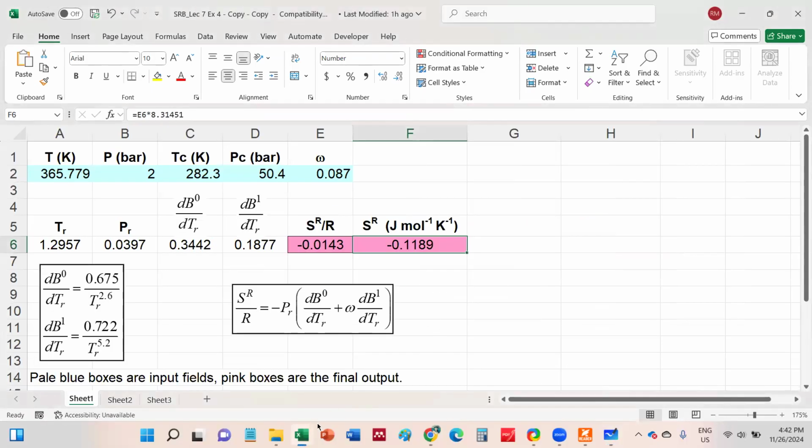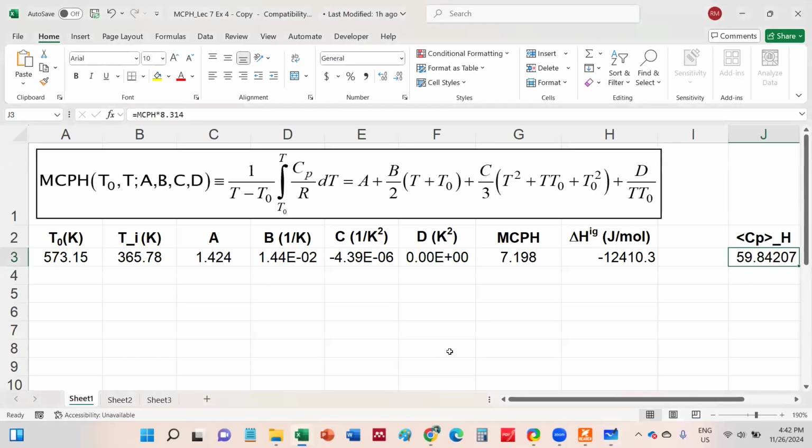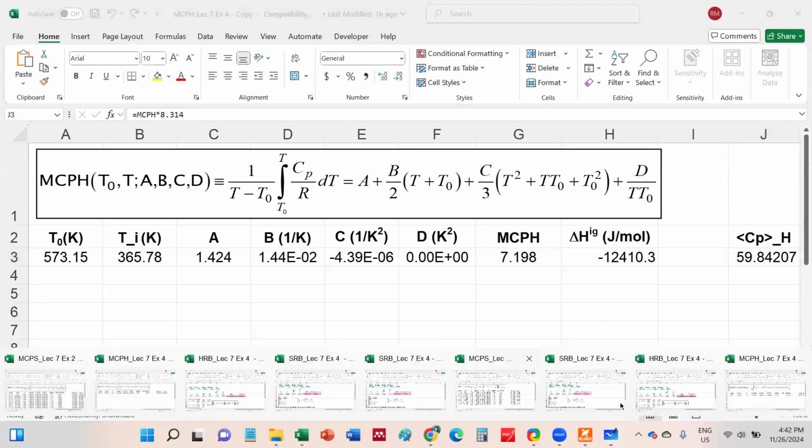Okay, so please practice solving for MCPH, MCPS, and also for using the virial coefficient correlation for H and S R, HR and SR. That ends example 4, and I'll see you next video.